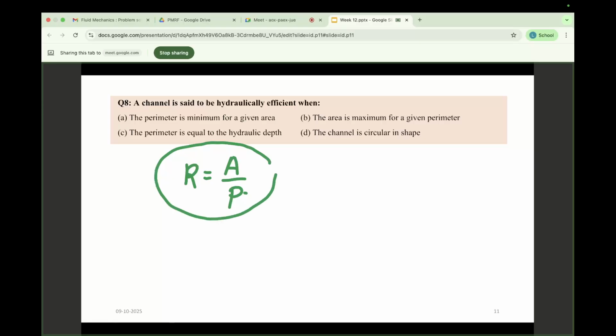So from this formula, for hydraulic efficiency, R should be high. So the perimeter is minimum for a given area. I consider the area fixed, but the perimeter is less, so R will be more. Similarly, if the area is max for a given perimeter, that can be another answer, right?